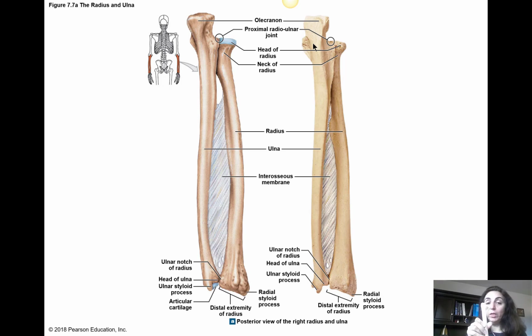So the answer should be clear, right? Radius is always on the lateral, remember? Therefore, this side that the radius is going to attach should be the lateral side. The other side that has no radial notch should be the medial side, right? So that's one clue to recognize medial and lateral from each other in the ulna, right?